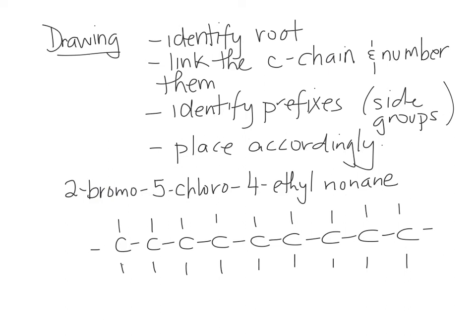So the bromine group is on carbon number 2. Number 5 has a chlorine. And then there's an ethyl group on carbon number 4. So a CH2CH3 group. And we're going to fill the rest of the bonds in with hydrogens.